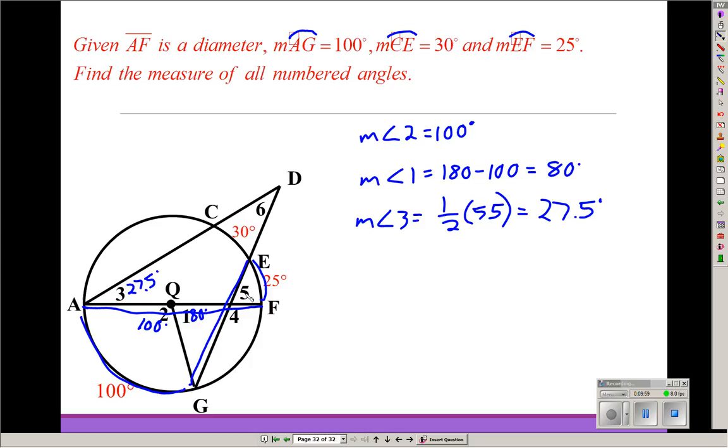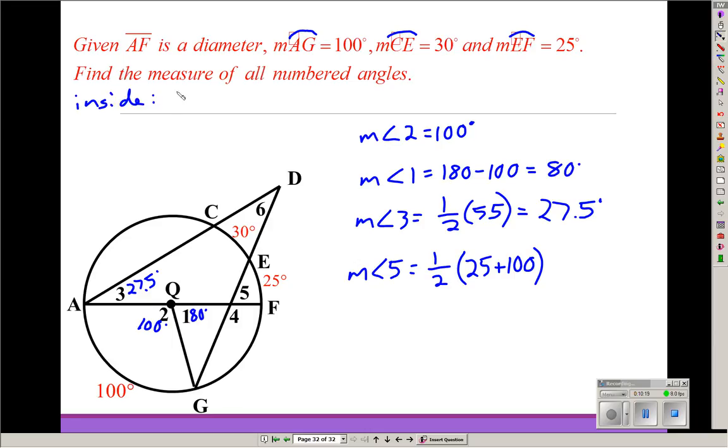So the measure of angle 5 equals half of the sum, and those arcs are 25 and 100. Remember, when the intersection is inside, the angle is equal to half of the sum, and that's 62.5 degrees.